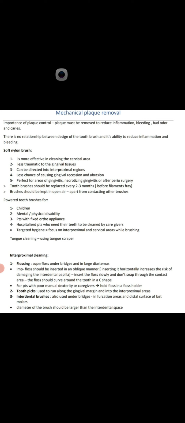For patients with poor manual dexterity, or caregivers, hold the floss in a floss holder. If a patient is handicapped or caregivers clean the interdental area, then hold the floss in a floss holder.